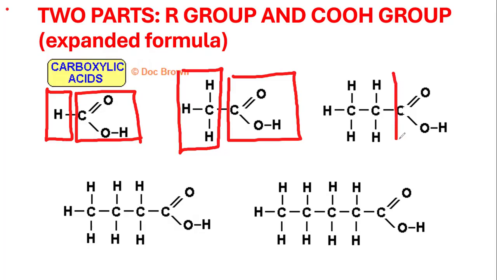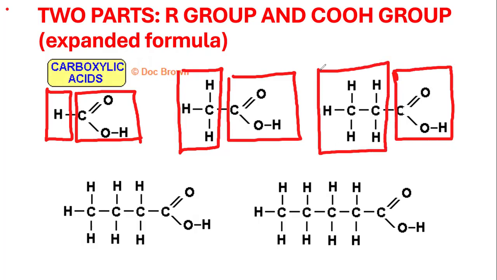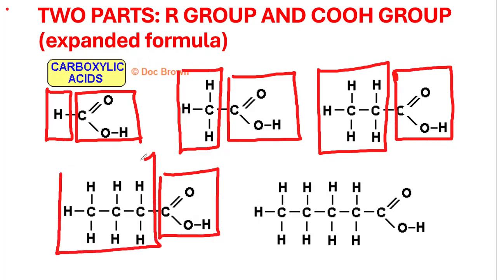This is the next one. This is the carboxyl group, COOH, whereas this one right here is the R group. And we could also do it here. This one here is the carboxyl group, and this right here is the R group.